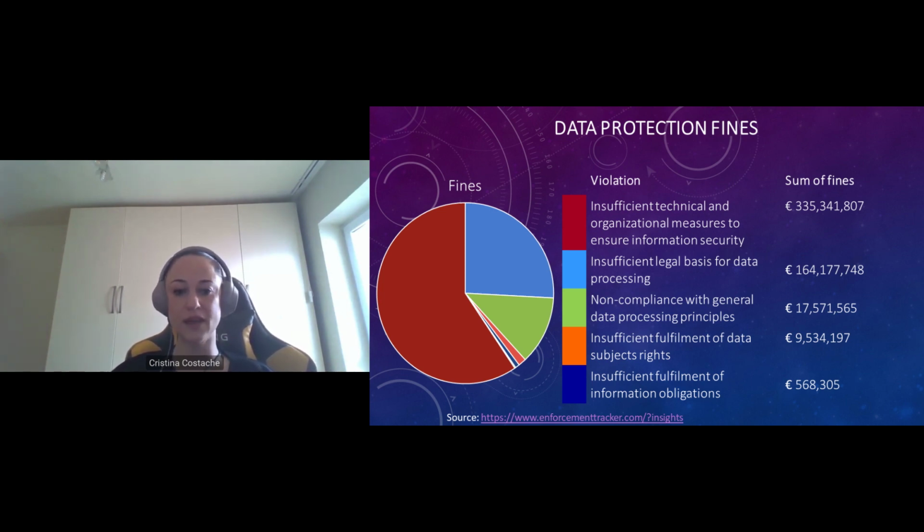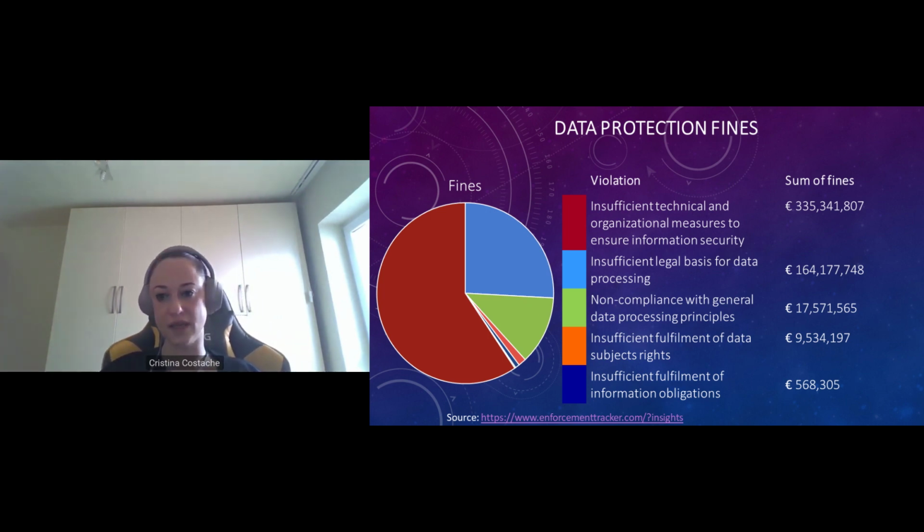Anyhow, I think that in the following months, fines related to breaches will go back to being number one, because this is the easiest thing to see. Breaches are most often than not public, or become public knowledge. So it is very easy for a supervisory authority to find out or to investigate such an infraction.